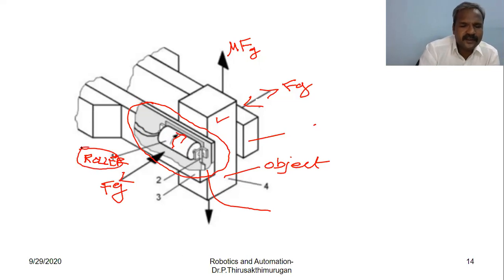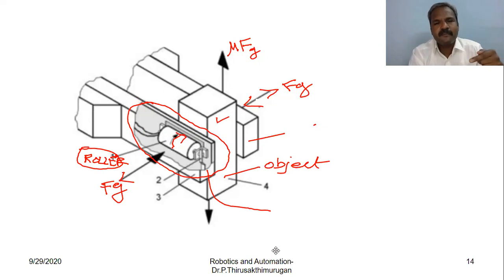We have seen different types of slip sensors. In the roller type, there is a rubberized roller embedded with magnets, which is a magnetic type of roller slip sensor.